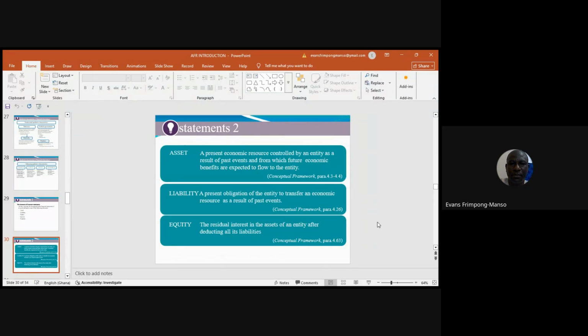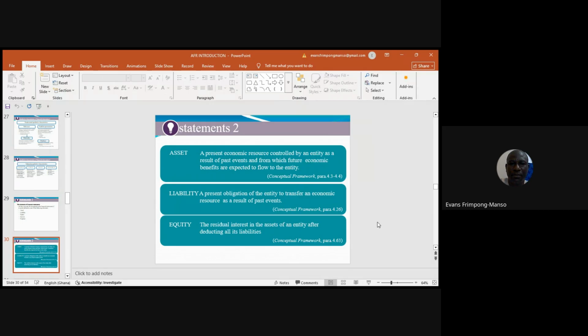So any resource that is flowing to the entity becomes their asset. But where the economic resource is being transferred from the entity to any other entity or person, then it becomes their liability.